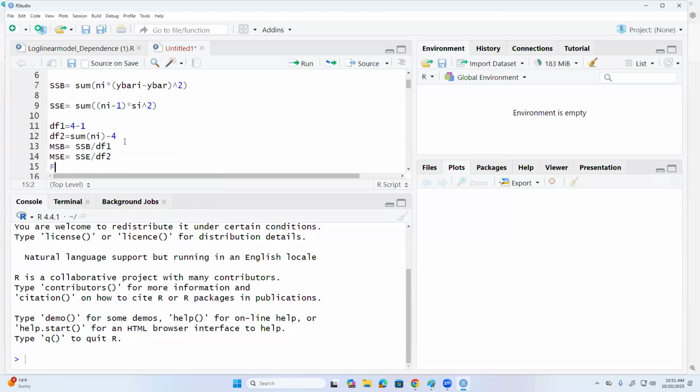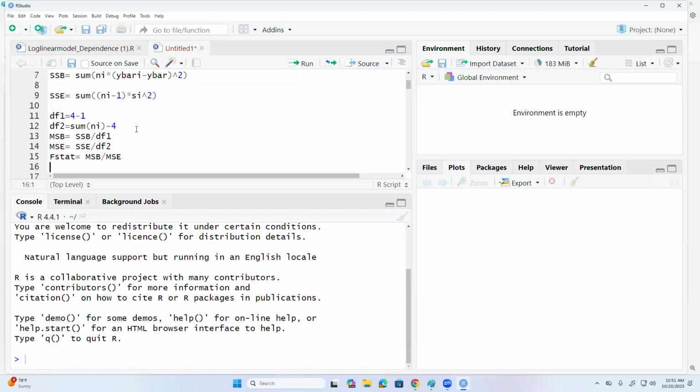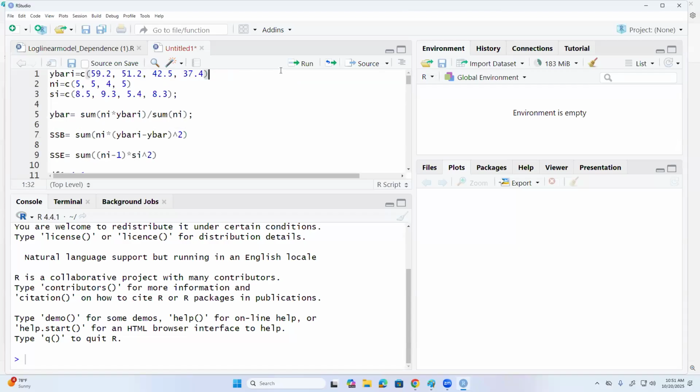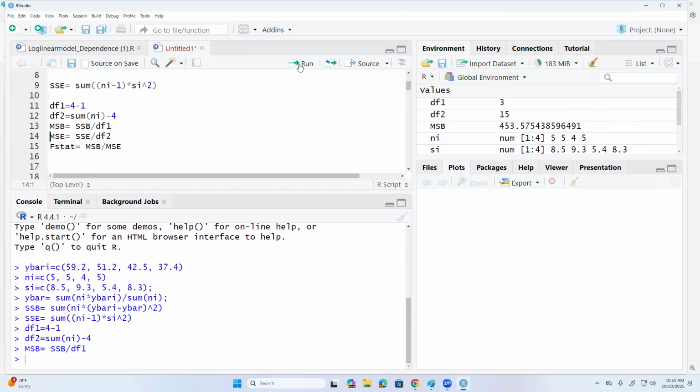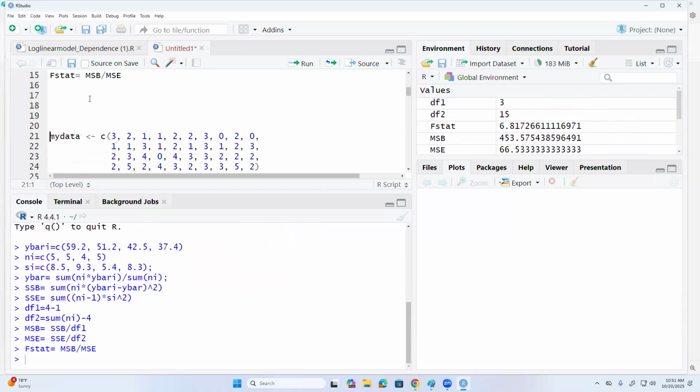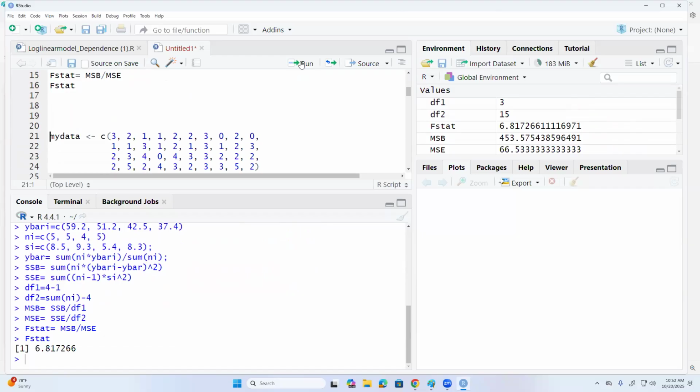And the F statistic is MSB divided by MSE. So let us do this. So it is 6.81.